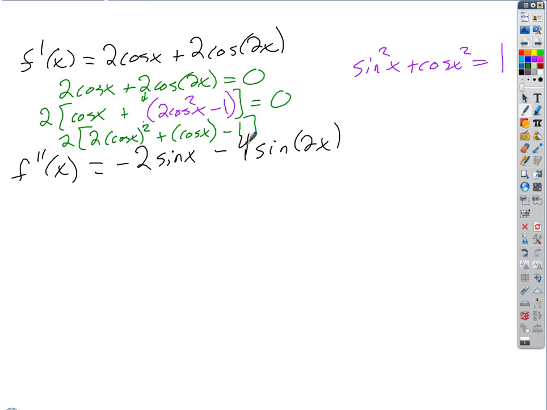That's just like saying this, isn't it? This is just like saying 2 times, instead of the cosine x, let's just trade that for z. So that's really like saying 2z squared plus z minus 1. Okay? What does that factor into?